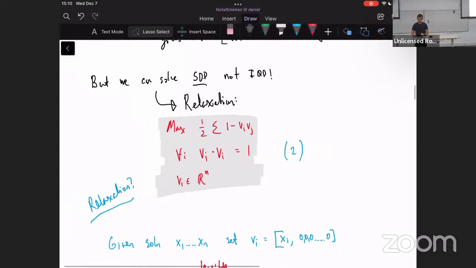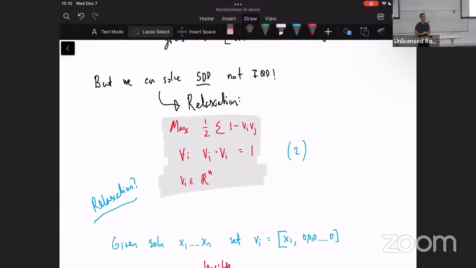Now, is it obvious that this is even a relaxation? For it to be a relaxation, I need to say that for every integer solution to my original IQP, I can get a solution to this SDP with the same value.